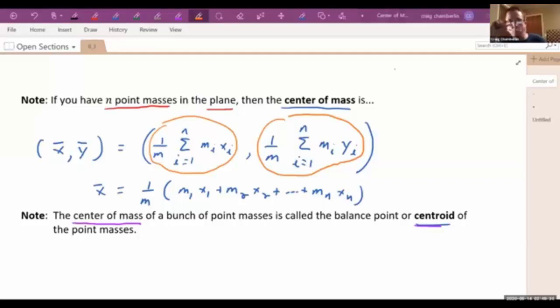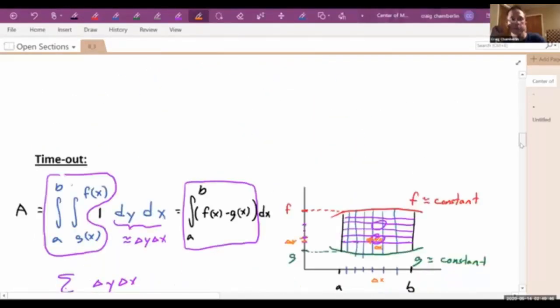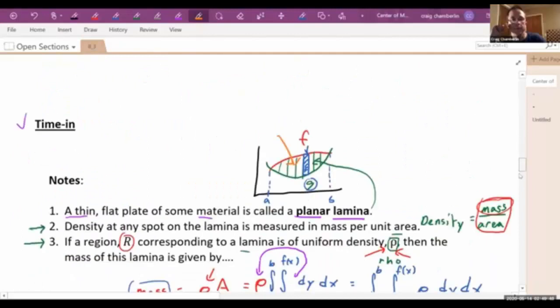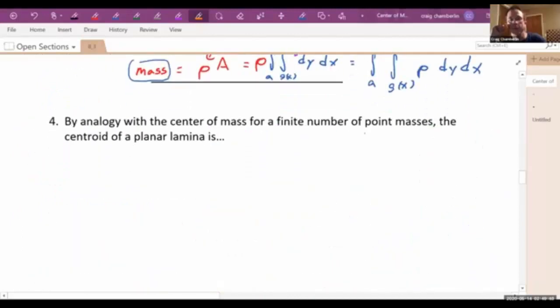So we're going to create an integral that looks somewhat like this for x bar, and we're going to create an integral that looks somewhat like this for y bar. That's the upshot of this discussion. Okay, number 4, by analogy with what we were just talking about, the centroid of a planar lamina is, we're still going to call it x bar, y bar.